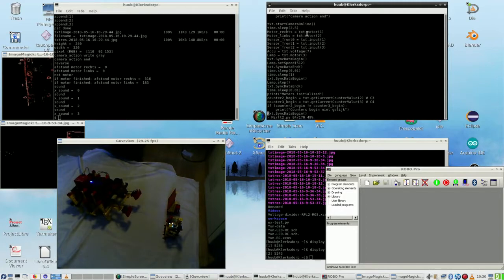Then I have from txt.motor, and that is motor rechts, the right side motor. This one, supposedly. Well, obviously, because that is the one. But this doesn't make sense at all. Does it even get to motor?